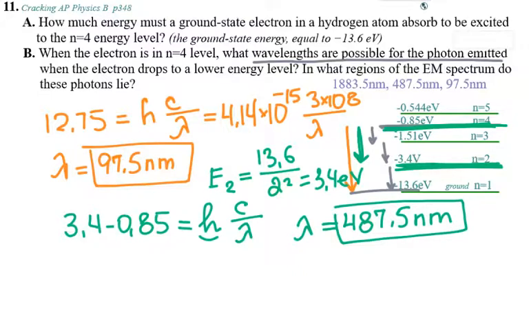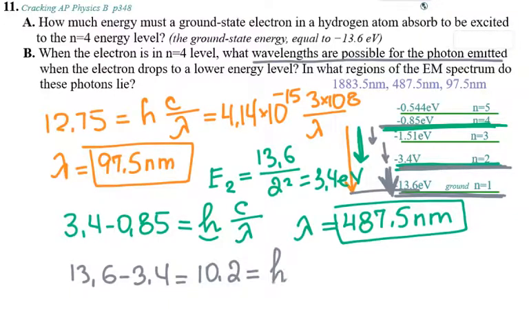And then for the last one, I will have the difference between 13.6 and 3.4. To go from the second to the first, that will give me 10.2.